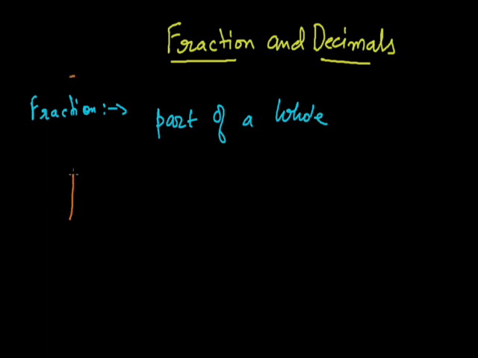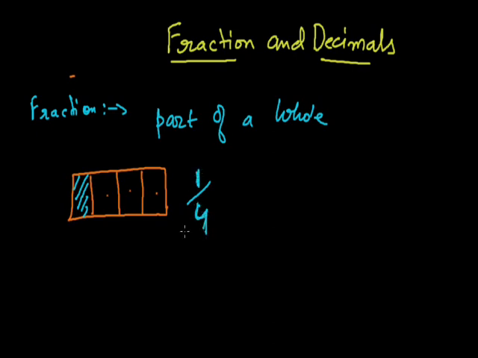For example, I have a box and I made 1, 2, 3 and 4 parts of it. Now if I shade one of its parts, then this will represent 1 out of 4. That means out of the 4 parts, I have shaded only one part.